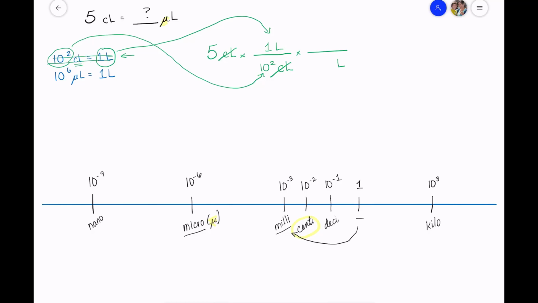Multiplication sign, line, liters at the bottom. Now I'm going to use my second conversion, put the 1 at the bottom, and that means the 10 to the 6 microliters is going to go at the top. Liters cancels out. I'm left with microliters. This is where I want to be. So I am done. Now I just need to multiply everything across.